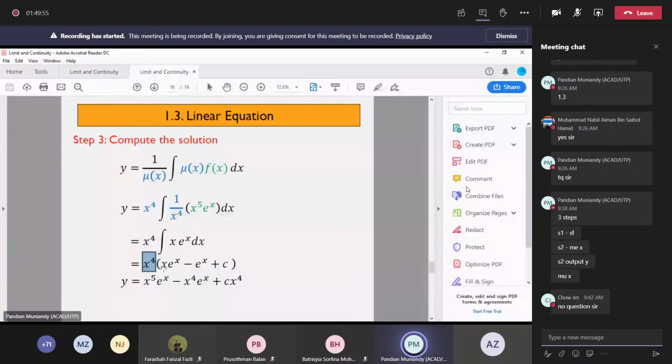So dy over y equals minus x over x squared minus 9 dx. Integrating, ln y equals minus half ln x squared minus 9 plus c, since this is 2x.